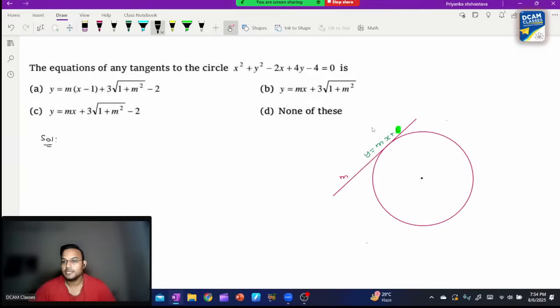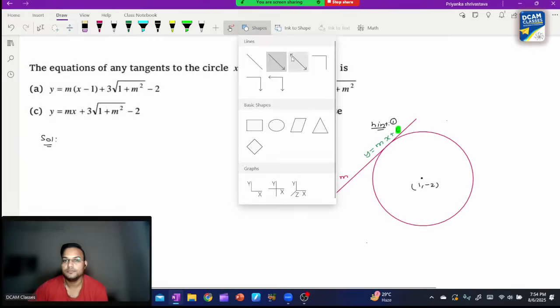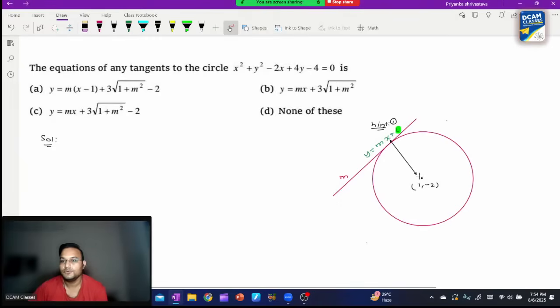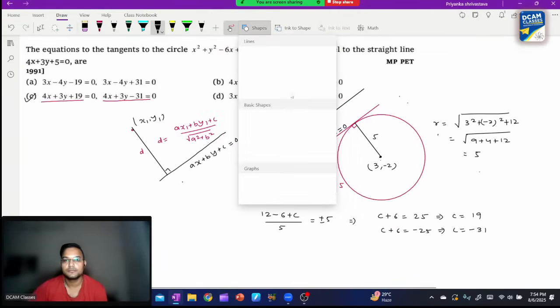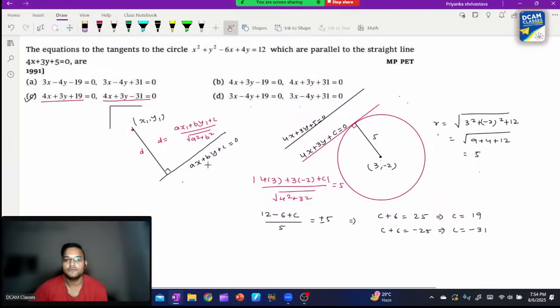This is the first hint. The second hint is how you will find out this c. You know the center will be 1 comma minus 2. Radius also you know how to find. Now use the perpendicular distance formula that I just gave you to find out the value of c.